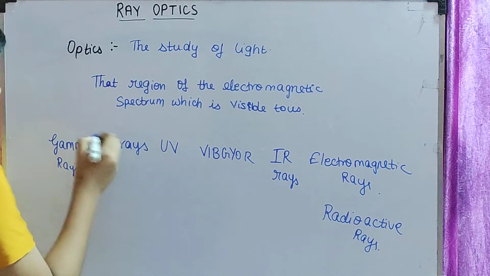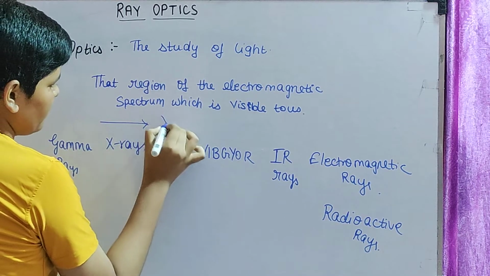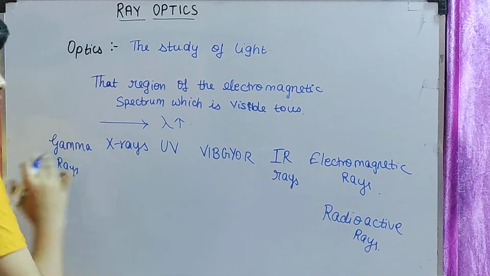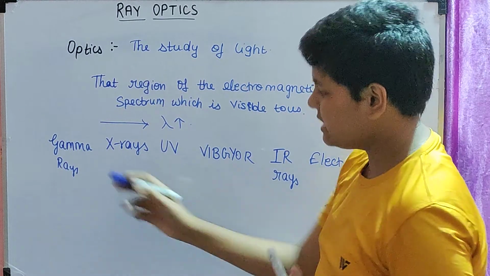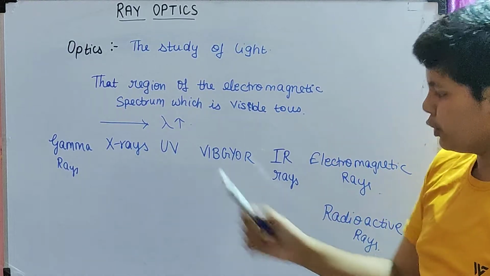So the order increases as the wavelength increases. As the wavelength increases, the order of the electromagnetic spectrum increases, starting with the gamma rays, then the X-rays, UV rays.